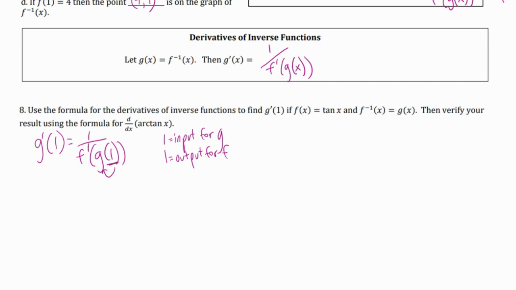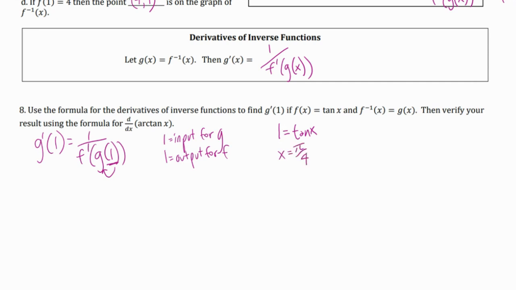Okay, so what I'm going to solve here using my function is 1 is equal to tangent of x. Okay, well, where does tangent equal 1 on the unit circle? And you should know that that is pi over 4.